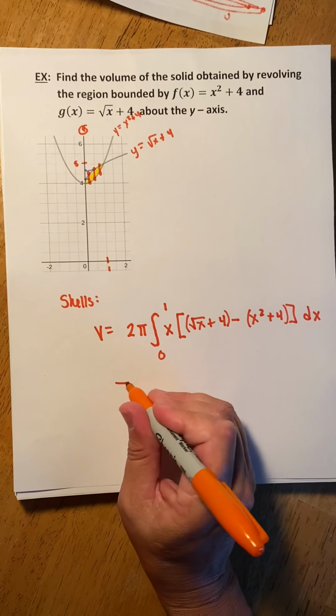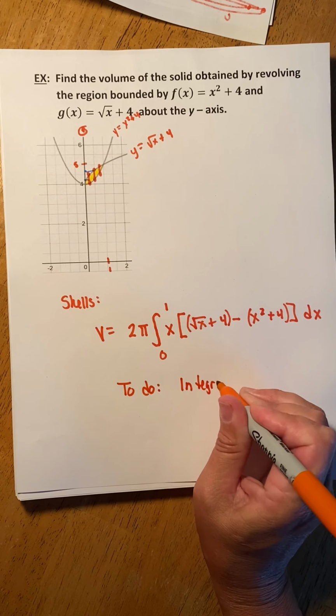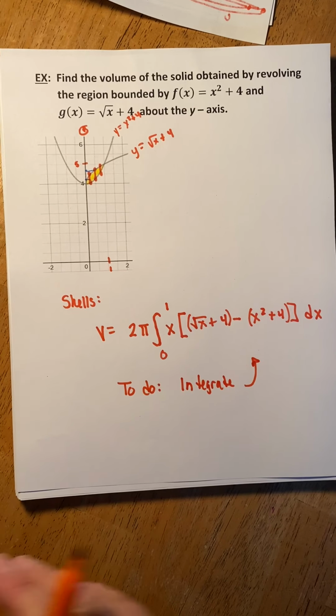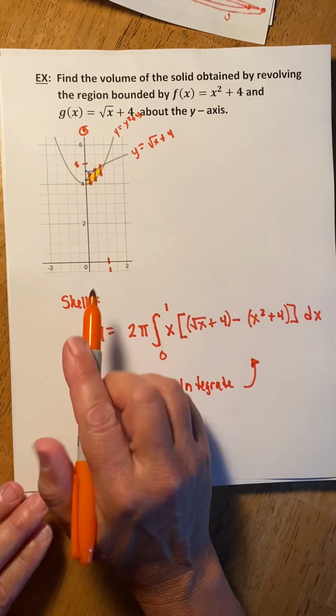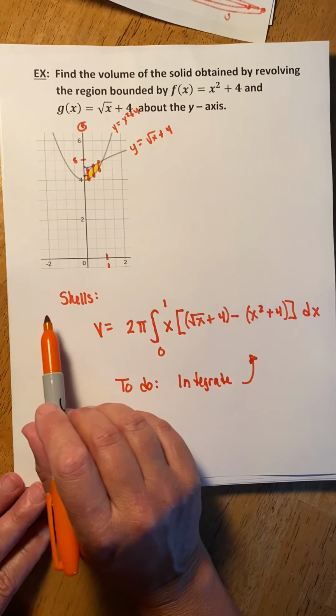Maybe you'll see this guy again. Hint, hint. All right. Let's suppose I moved my axis of revolution over here to -2. How does that change things?